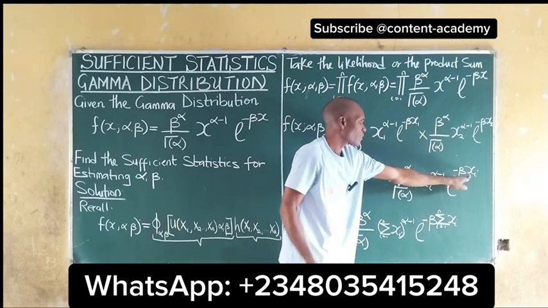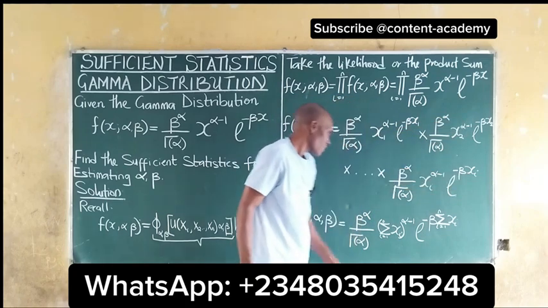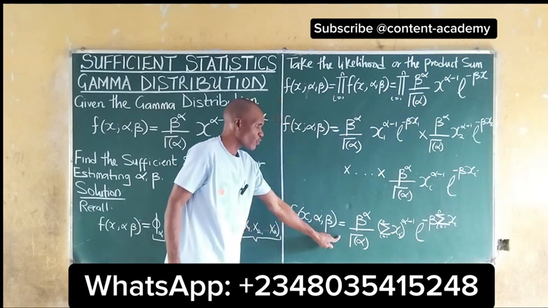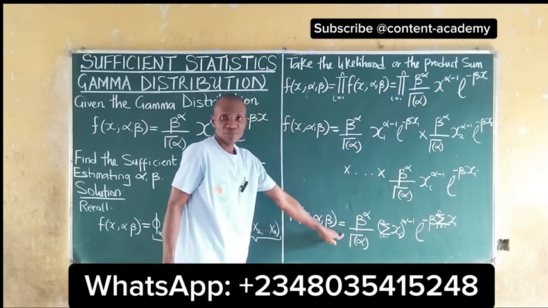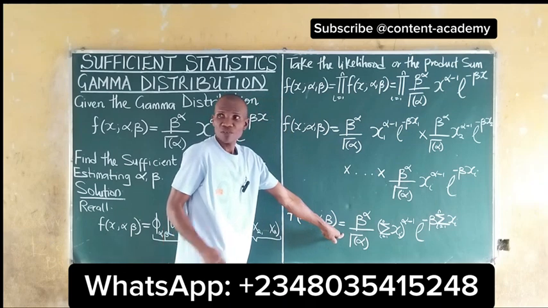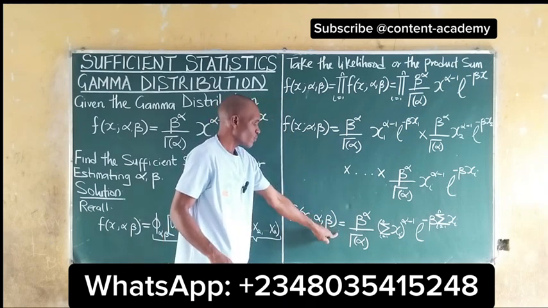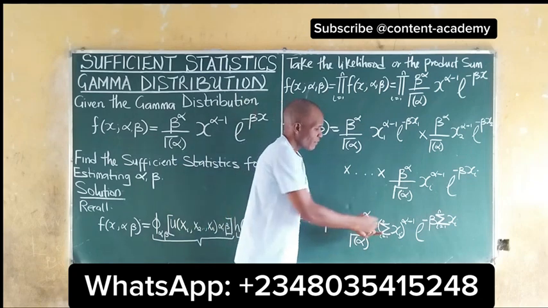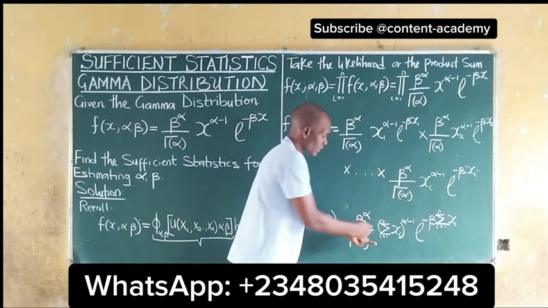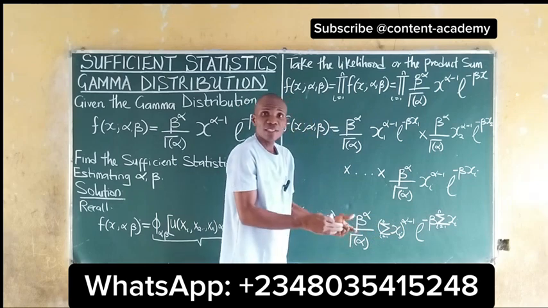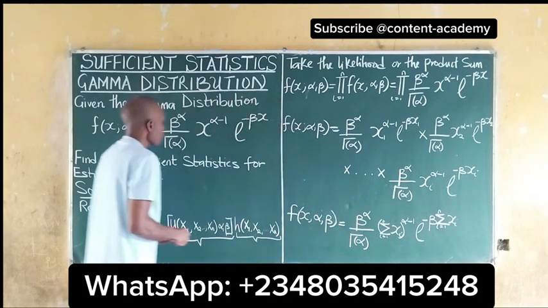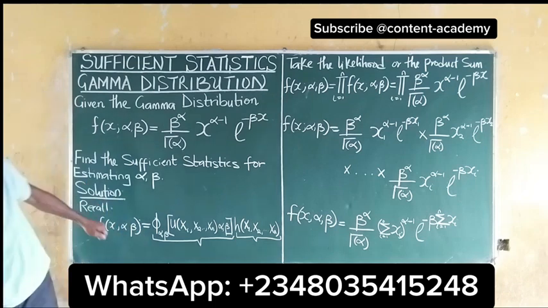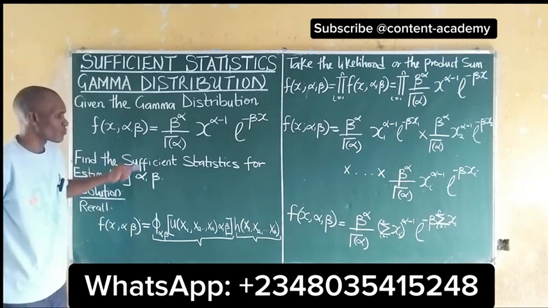So our likelihood function will now give us this. The next thing to do is to see how we can factor out this distribution, so we move over to this side of the board to do that.